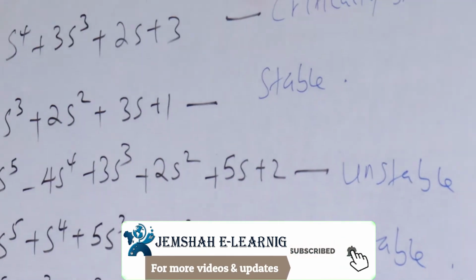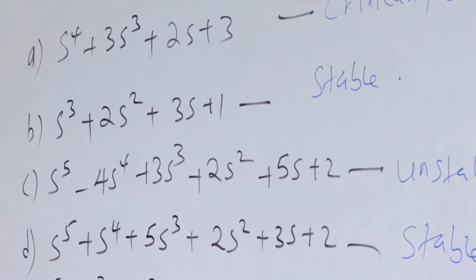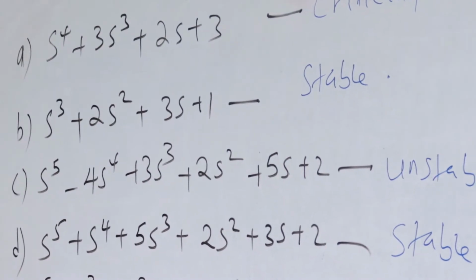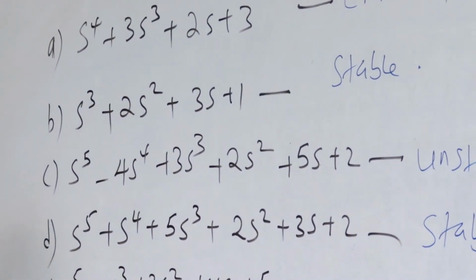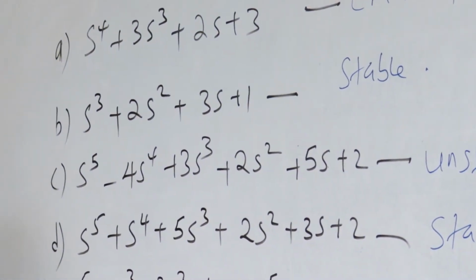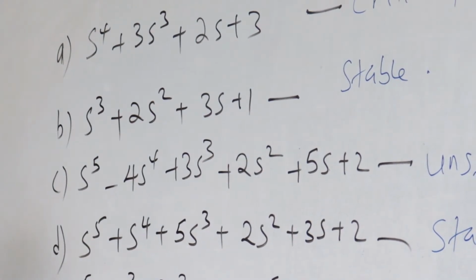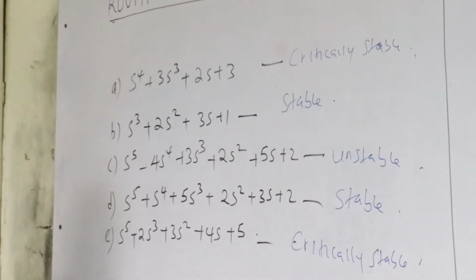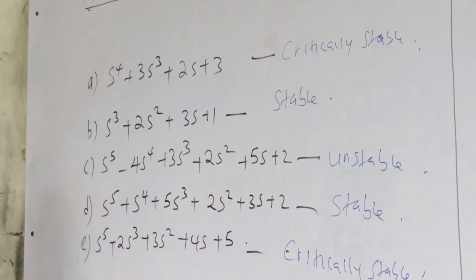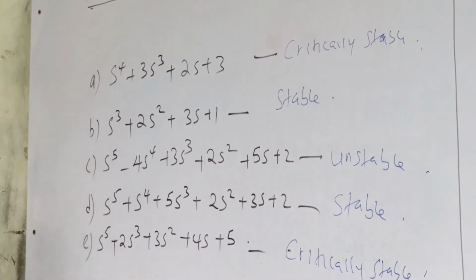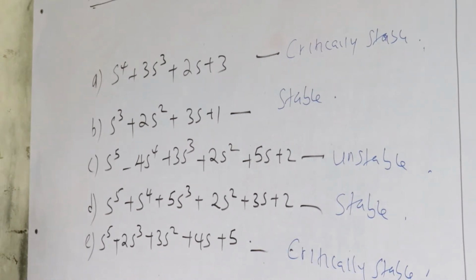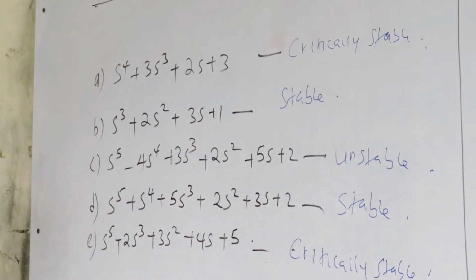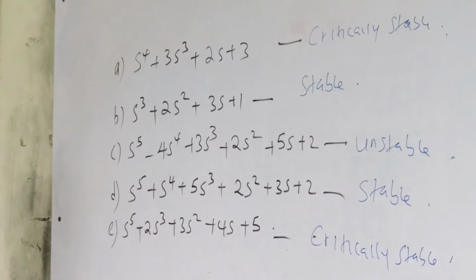Sawa sawa. You are still going to take it through the second process where you are going to make the Routh array, and from the Routh array you are going to find whether the system is stable or not. So let's consider a polynomial equation like this so that we can look at the Routh array.